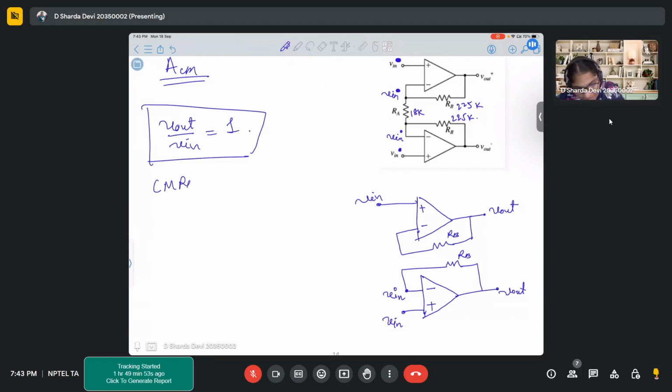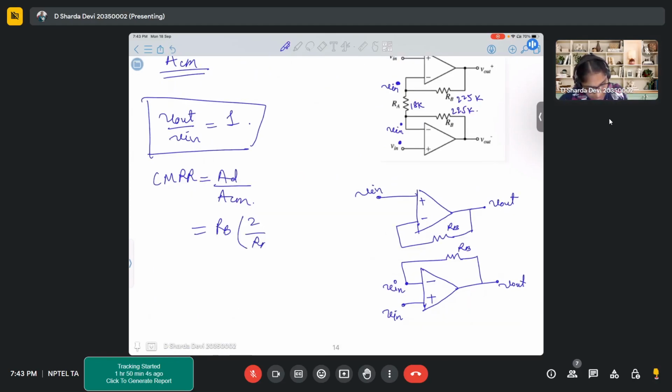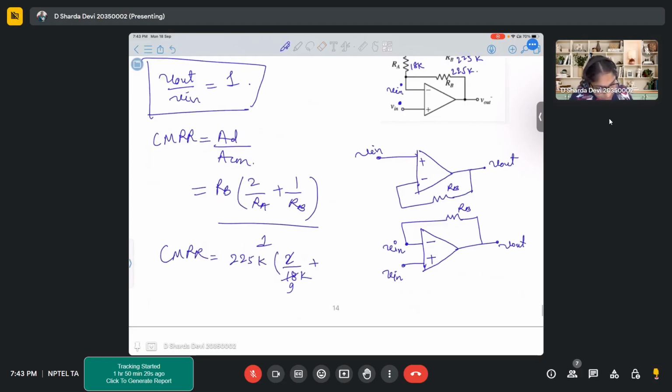Now what is your CMRR? It is AD by ACM, correct? You already know your AD, that is RB (2 upon RA plus 1 upon RB) by 1. So CMRR, you can simply substitute the values of your resistors, that is 225K, 2 upon 18K plus 1 upon 225K.